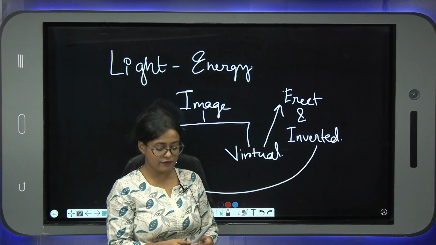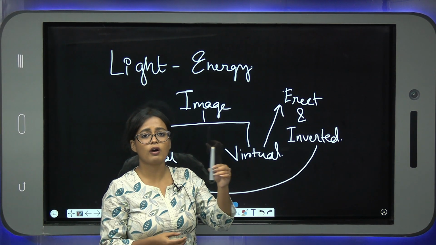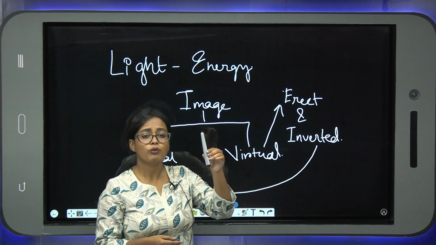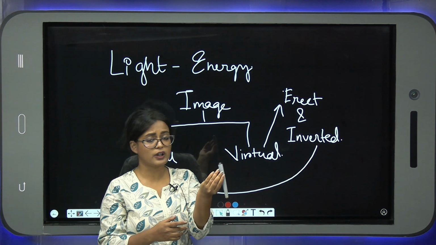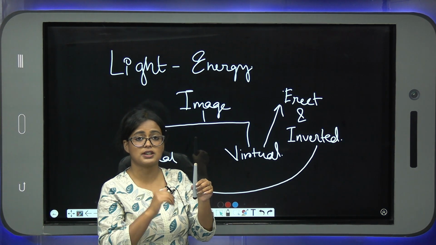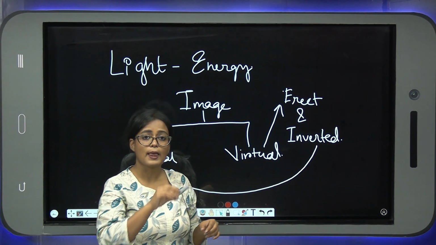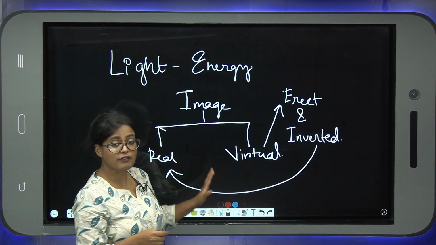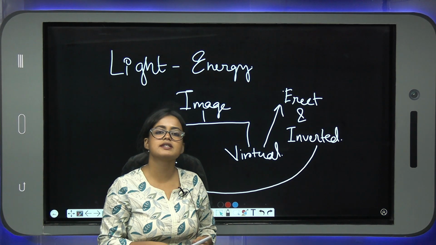That means if you place this pen or anything in front of a mirror, would the reflection be inverted? No, the reflection would be as the object is, not inverted. Real images are always inverted.